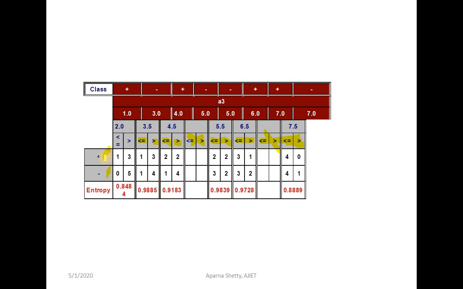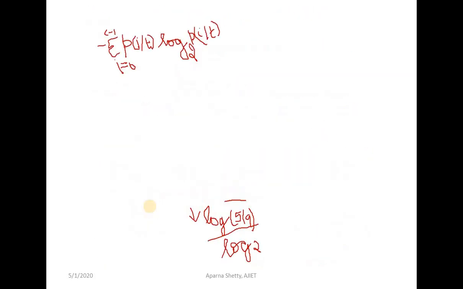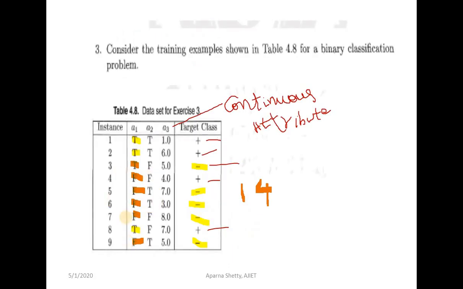If you consider the table, how many values are less than or equal to 2.0?